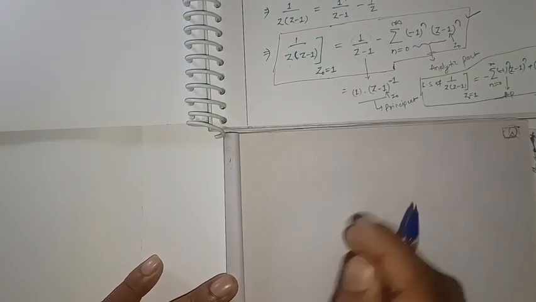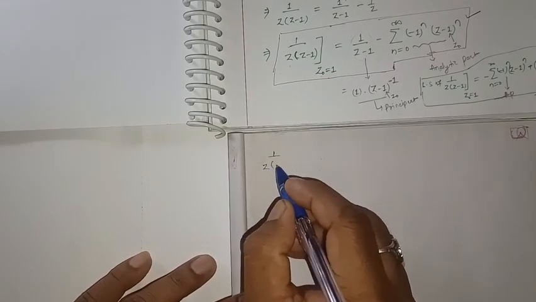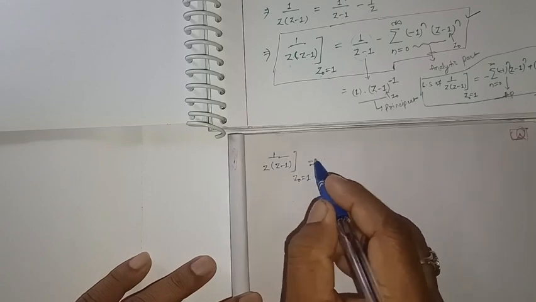Carefully observe and watch. 1 by z into z minus 1, Laurent series about z equal to 1 will be this one.